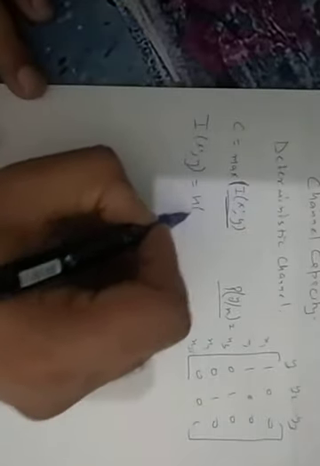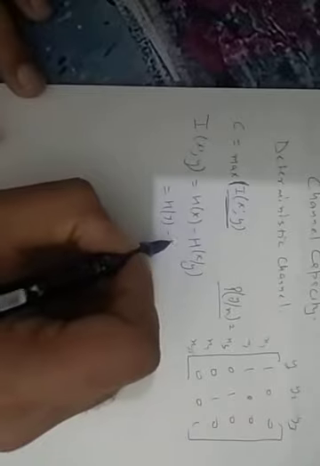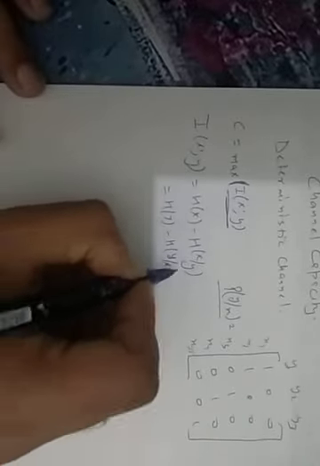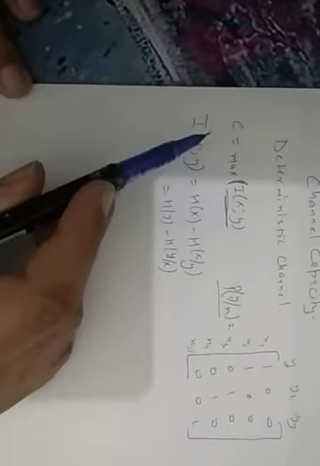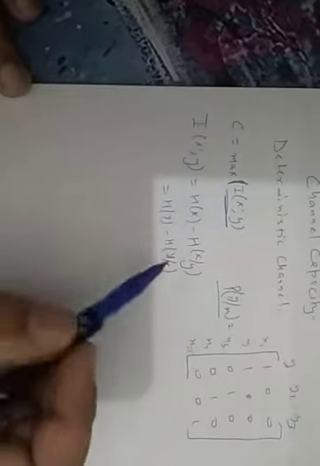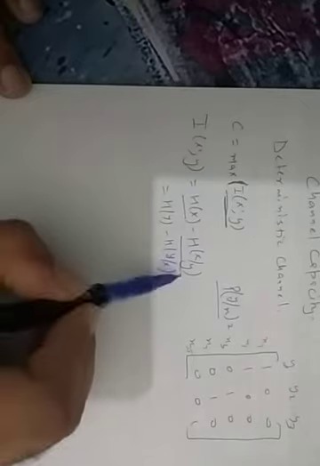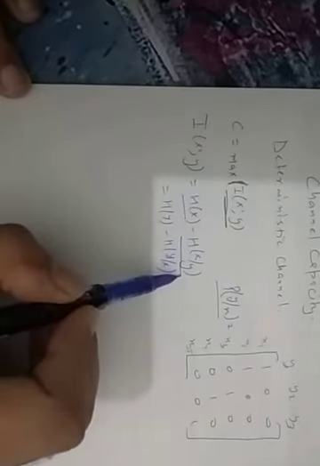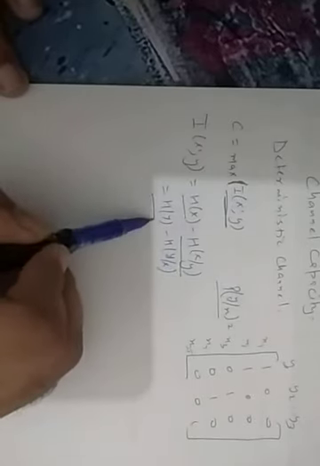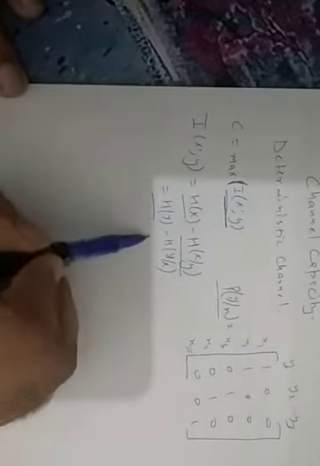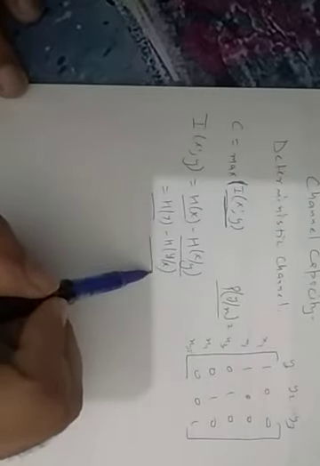Mutual information is equal to H(X) minus H(X/Y) or H(Y) minus H(Y/X). This was the value of mutual information, and the maximum value of mutual information will give us channel capacity, where H(X) stands for source entropy, H(X/Y) is a conditional entropy. Similarly, H(Y) is source entropy and H(Y/X) is a conditional entropy.